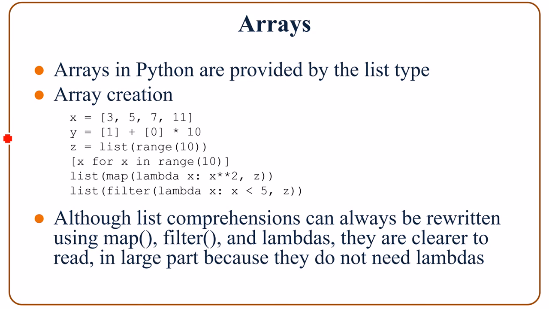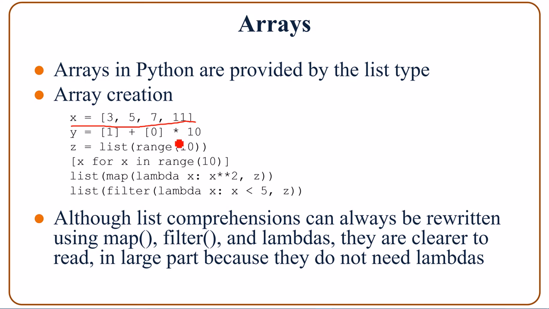How can we create an array? There are multiple ways to create an array. In the first example, we create an array with elements such as 3, 5, 7, and 11, and assign a variable x to it. Next, let's say you want to create an array with multiple repeated elements, for example, a number of elements with a value 0.